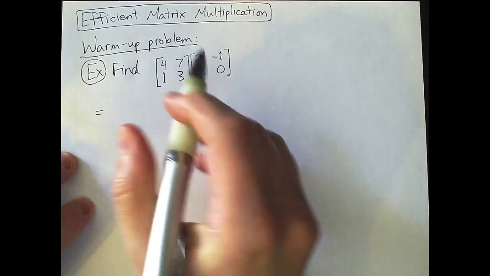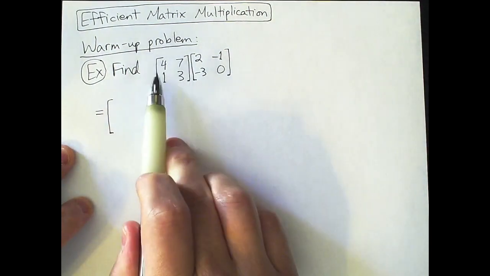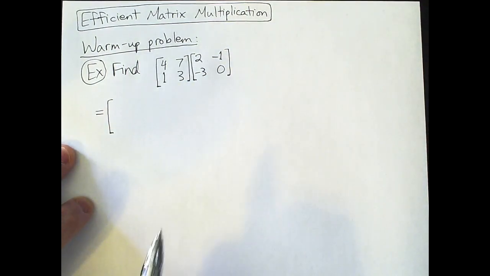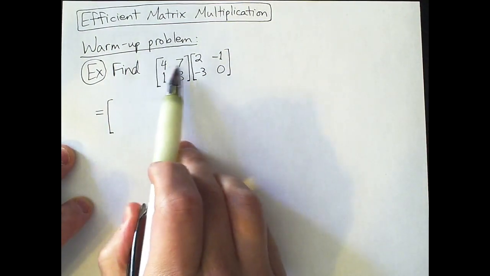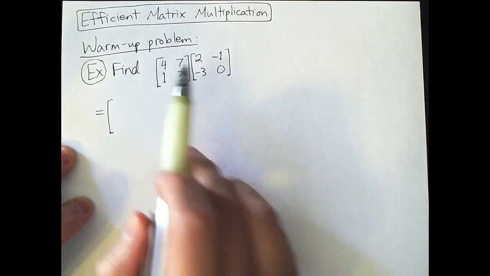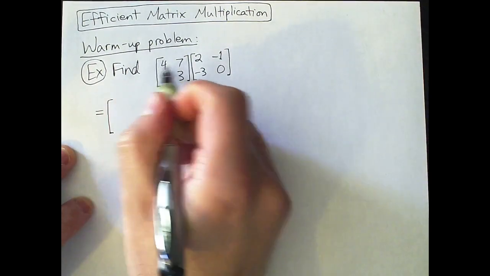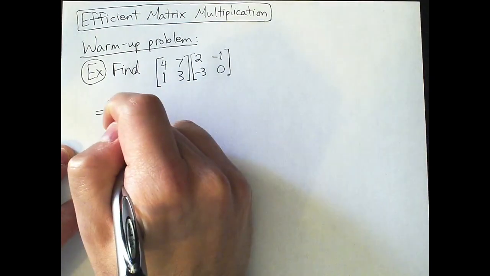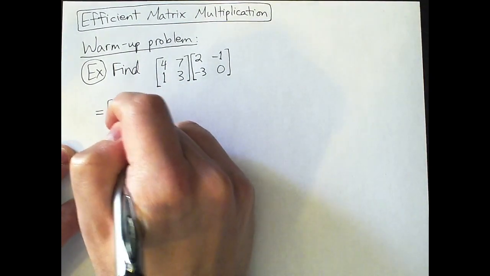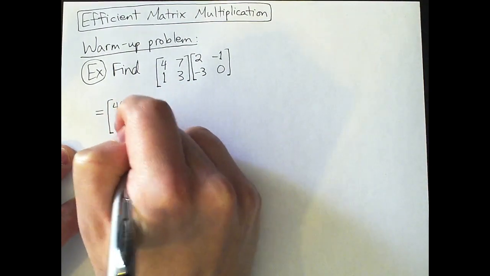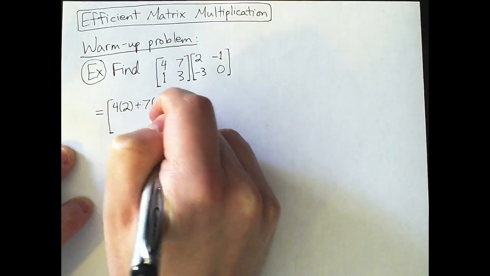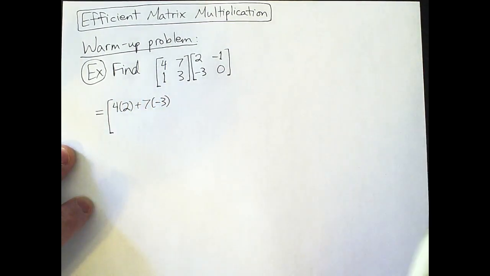All right, so what you should have found is, remember how we do this? We use rows and columns as appropriate. So we're going to use the first row and the first column of these two matrices, the 4, the 2, the 7, the -3. We've done this a bunch of times. So we want 4 times 2 plus 7 times -3. That's going to get us the entry in the upper left.